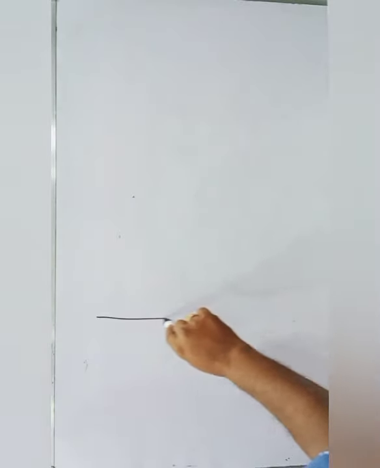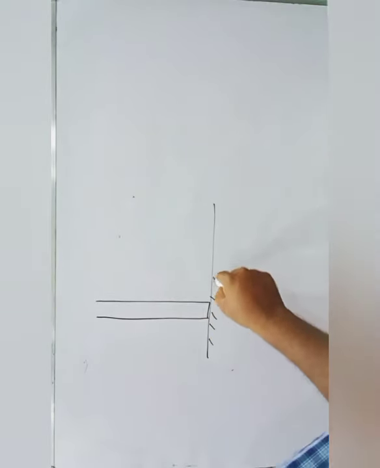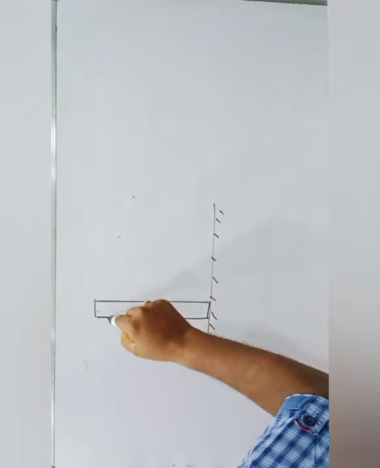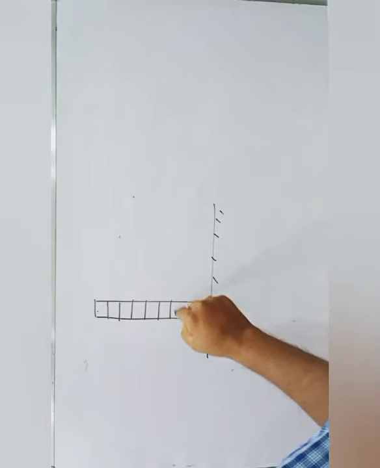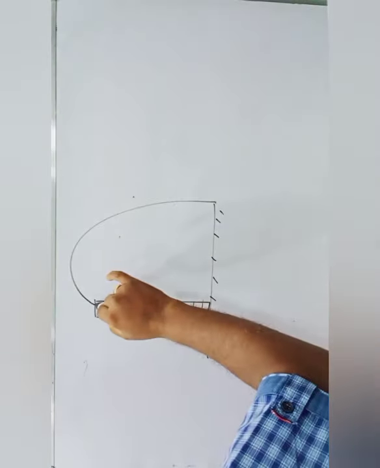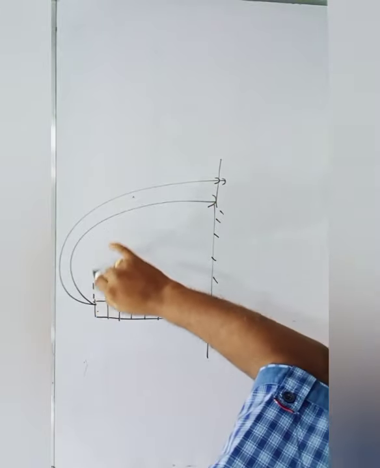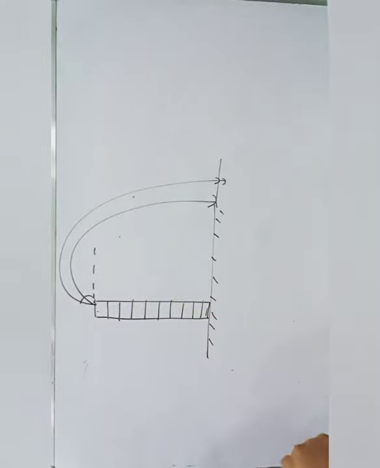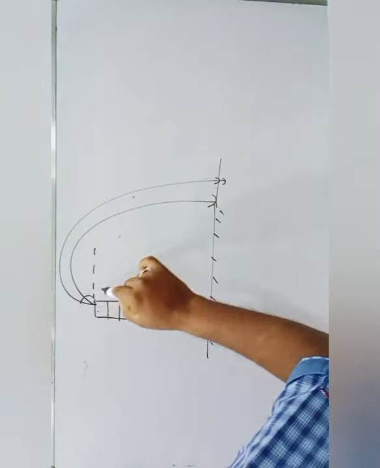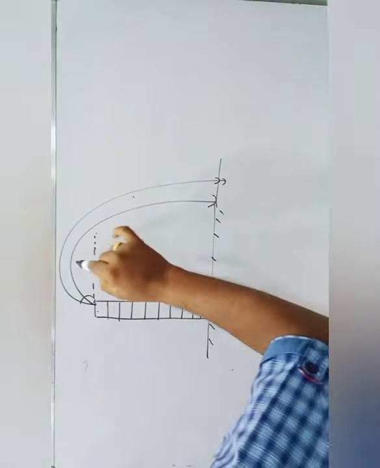Some important topics for NEET and IIT JEE. Two projectiles are projected from the same tower with certain angles. See here, we have two projectiles projected from the same tower.